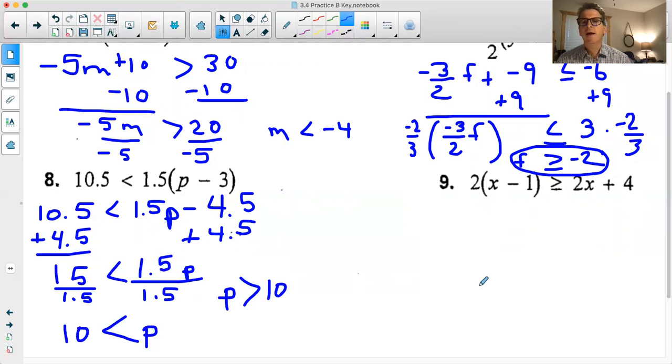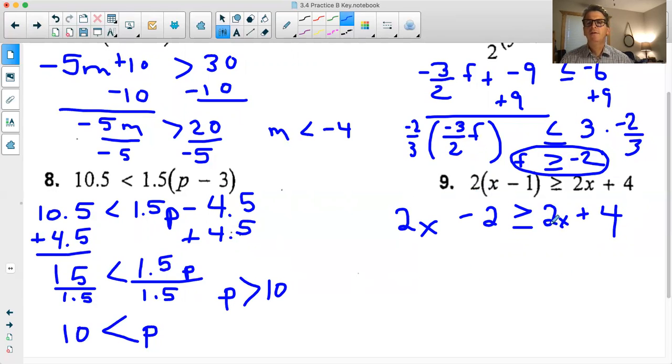Moving on to number 9, 2 times x is 2x. 2 times 1 is 2. Greater than or equal to 2x plus 4.